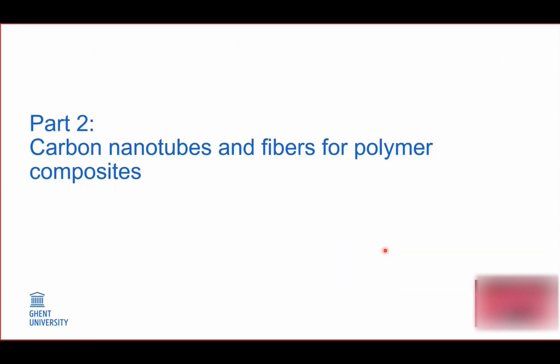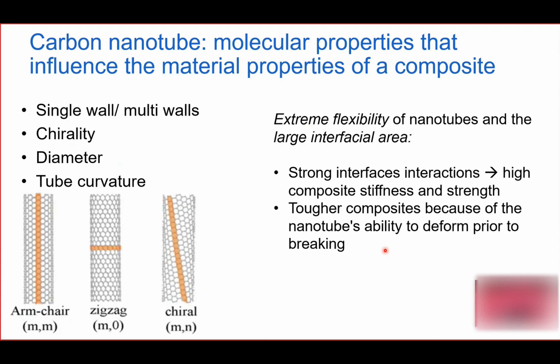Now I will focus on carbon nanotubes and fibers for polymer composites. Carbon nanotubes are fascinating. No one could even imagine that these materials would have such amazing material properties.